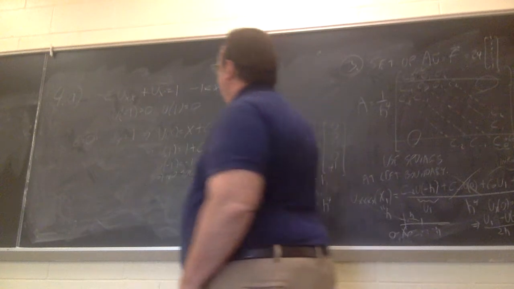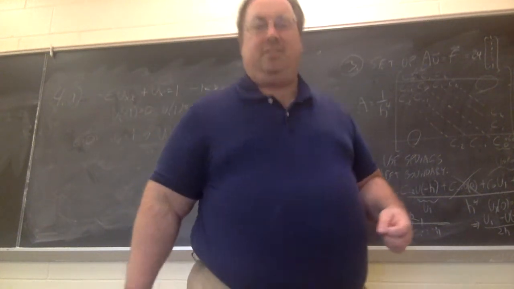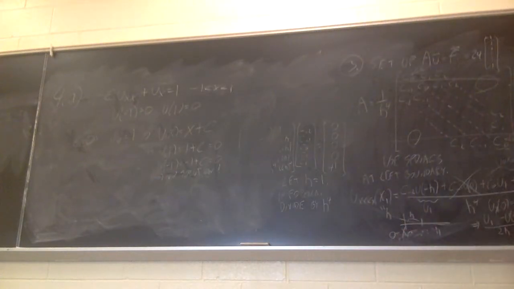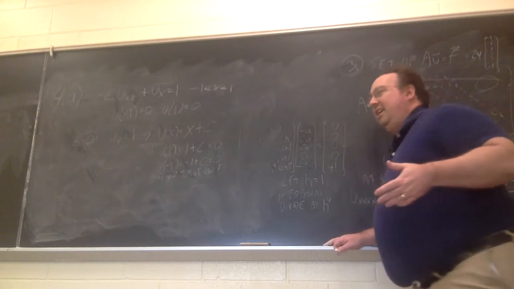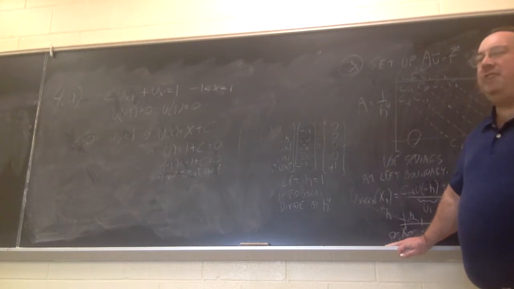Now, can anyone think of how you go about solving that? Because in the previous problems, you had u_xx equals something, or u_xxx equals something. And that wasn't really a problem because you could just integrate the required number of times. But you can't really do that here. What can you do instead?